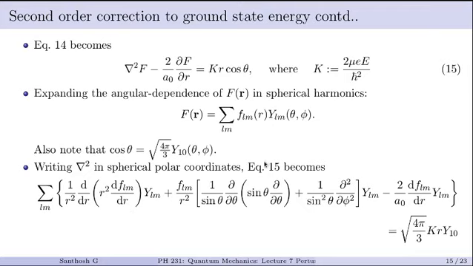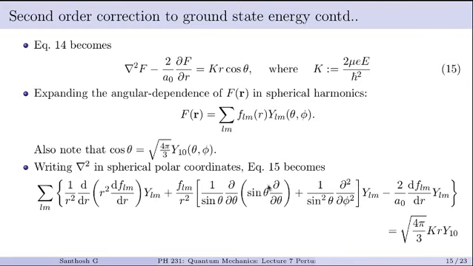In the second term you have derivative with respect to theta, and in the third term you have derivative with respect to phi, and therefore you can separate out this f factor from those derivatives because it depends only on r. So f has been taken outside, then that factor of r square. Then in the second term you have derivative of the spherical harmonics with respect to theta, and in the third term derivative of spherical harmonics with phi, and they can be grouped into this particular form.